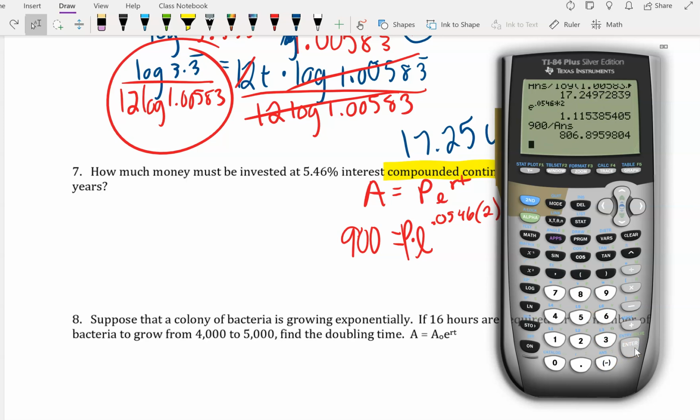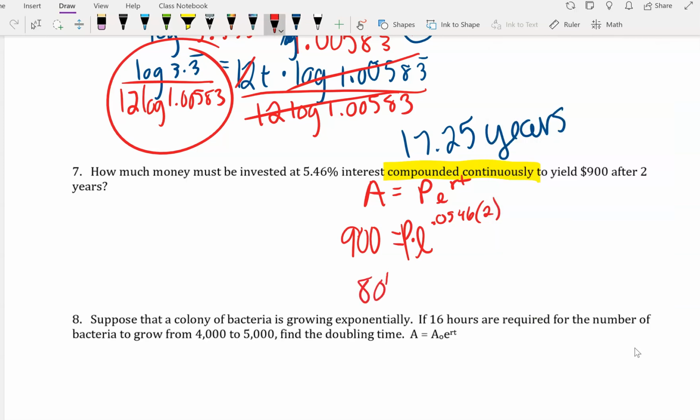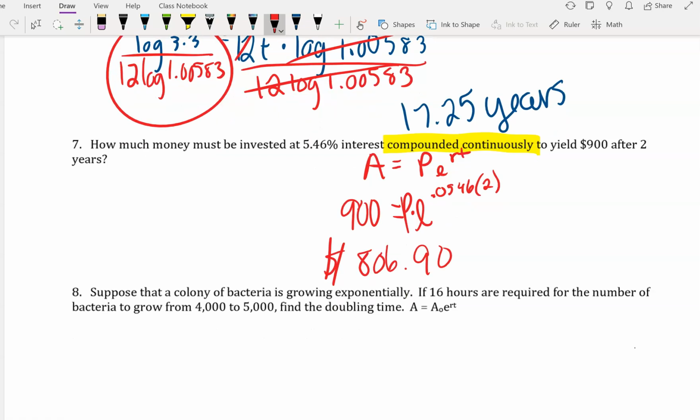So I got 806 point, we'll call that 90 dollars is how much should be invested if you want to get up to 900 in 2 years.